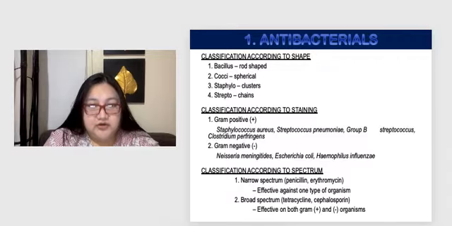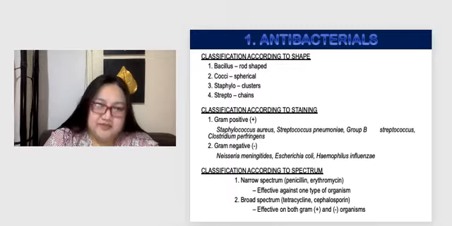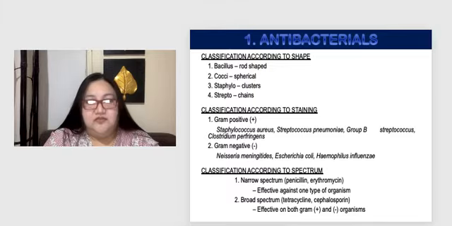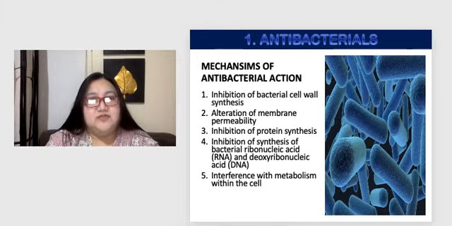And another classification is classification according to spectrum. Narrow spectrum, they are effective against one type of organism only, so either gram-positive or gram-negative. And the broad spectrum are effective on both gram-positive and gram-negative organisms.